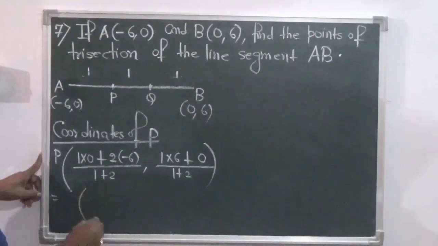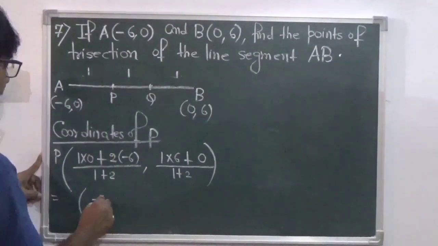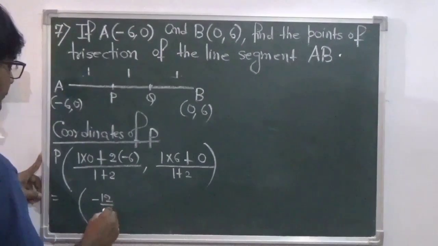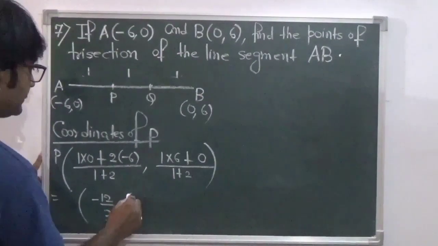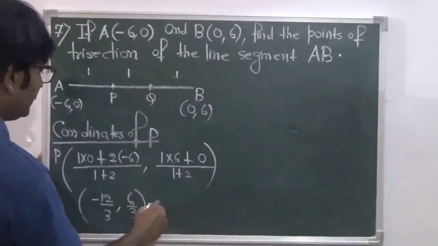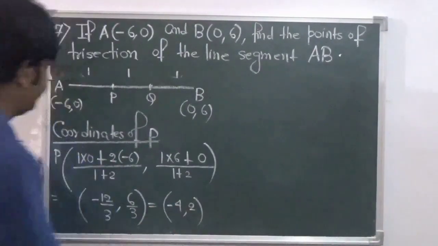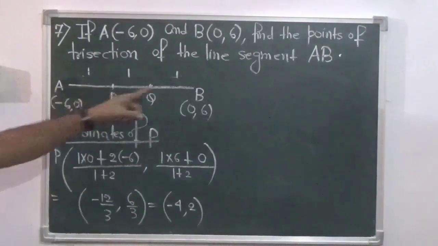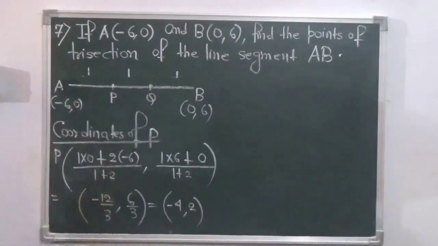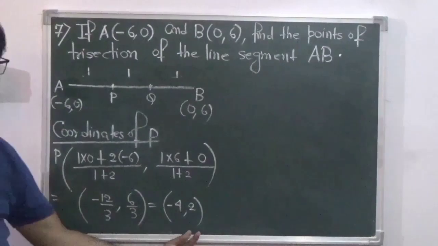That equals -12 by 3, that is 6 by 3, and that equals (-4, 2). So P divides AB in the ratio of 1:2, and the coordinates of P come to (-4, 2).